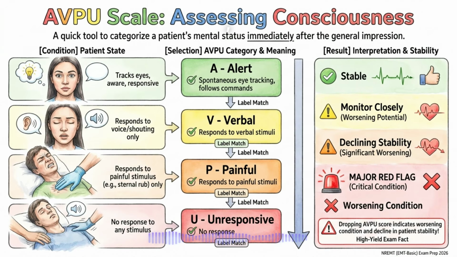An alert patient tracks you with their eyes, while a patient responding to pain might only groan when you rub their sternum. A dropping AVPU score is a major red flag for declining patient stability and is frequently used in exam scenarios to indicate a worsening condition.